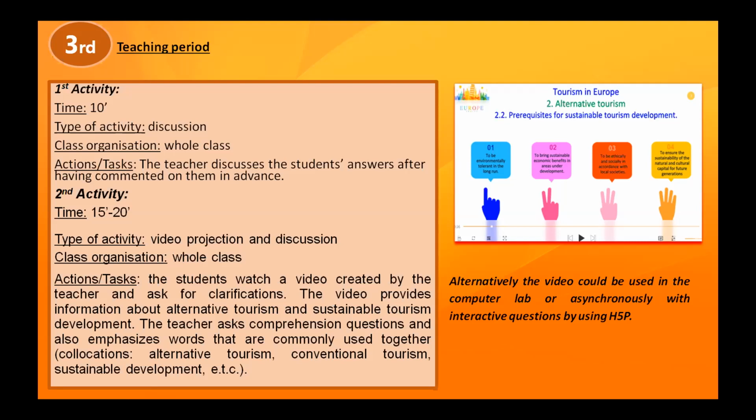To provide such information this time, a tailor-made video is created by the teacher, which is then uploaded on YouTube, and then by using the H5p platform, questions are inserted. Let's have a look at it.